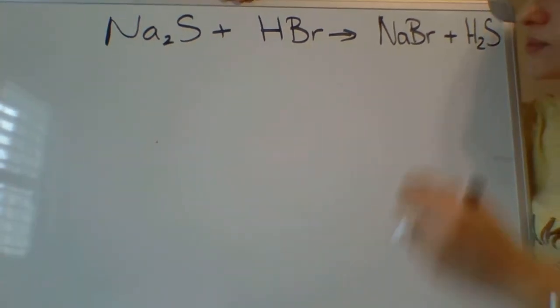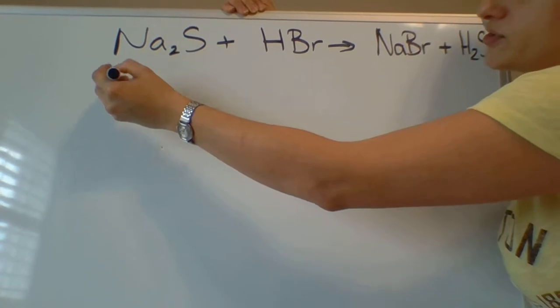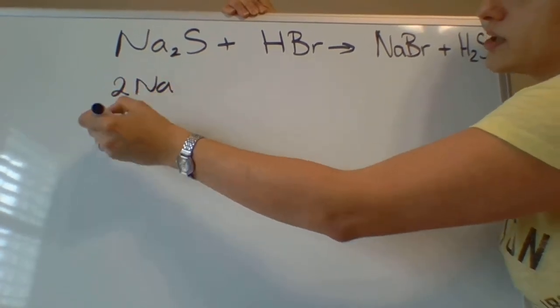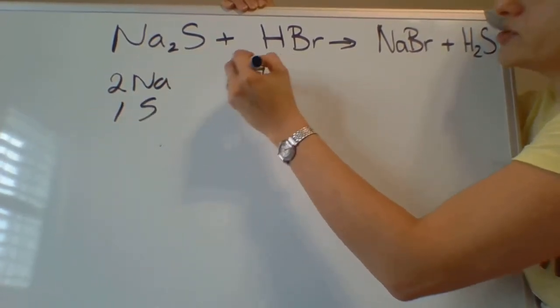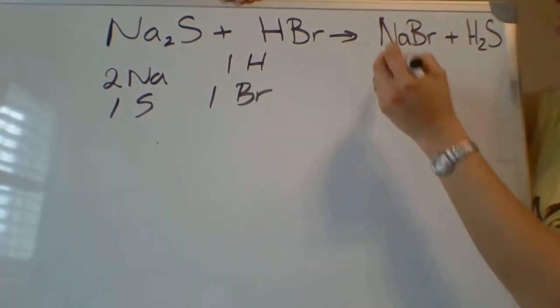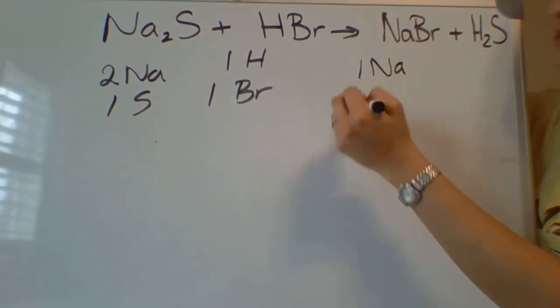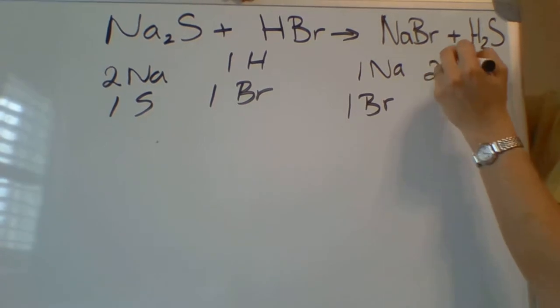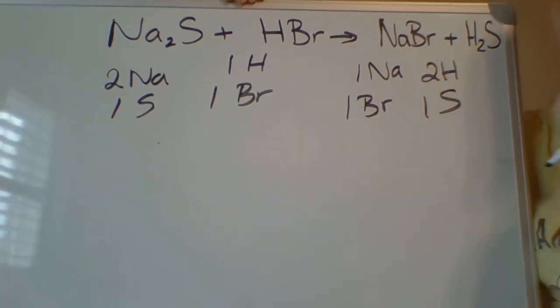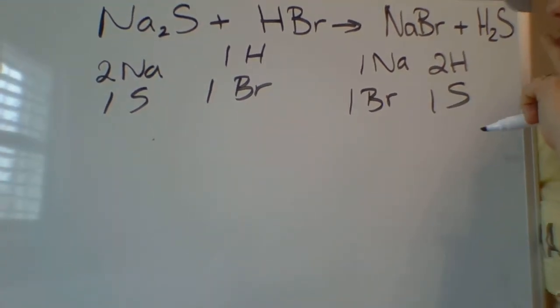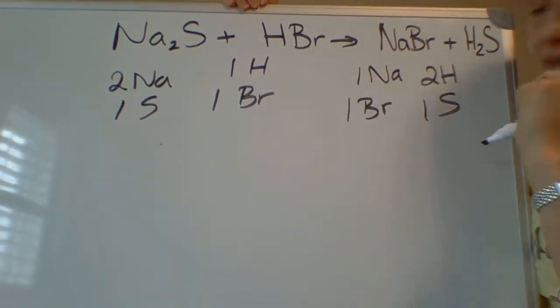What do we do first? We balance. We have 2 sodium here, 1 sulfur, 1 hydrogen, 1 bromide, 1 sodium here, 1 bromide, 2 hydrogen here, 1 sulfur. Okay, so right away we can tell our sodium isn't balanced.